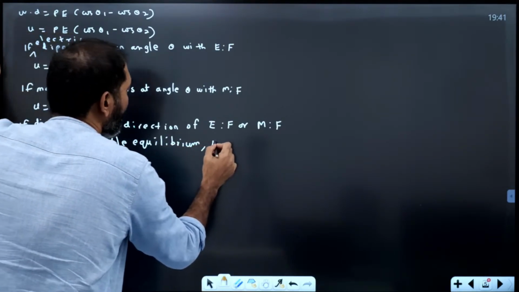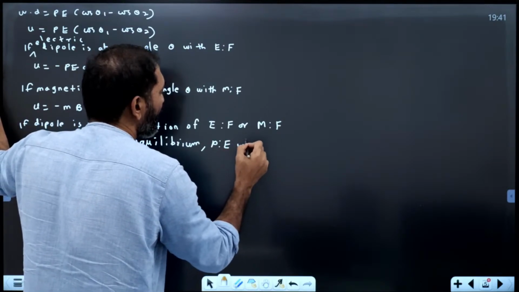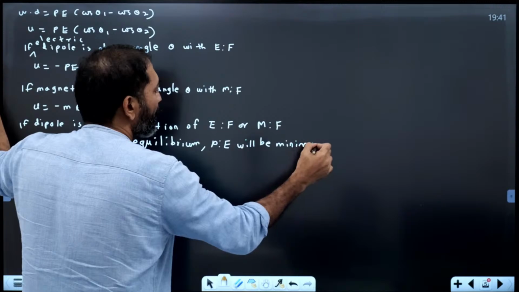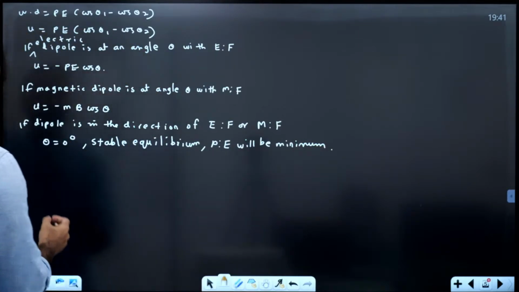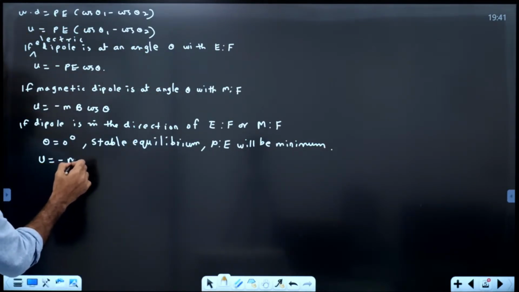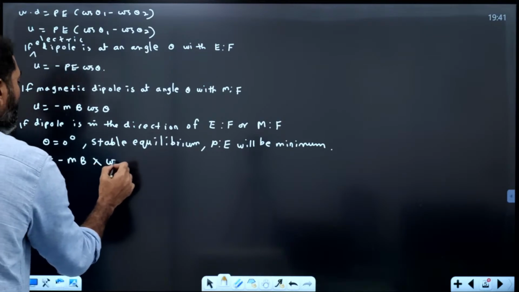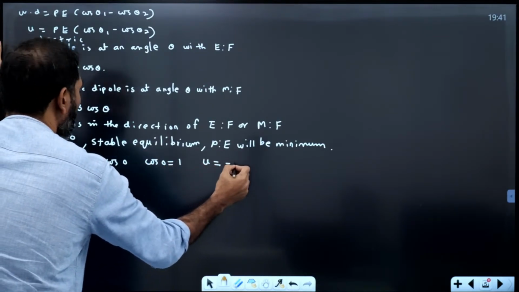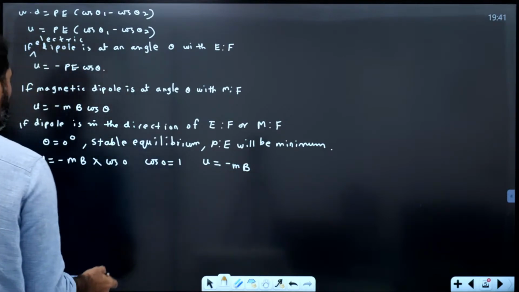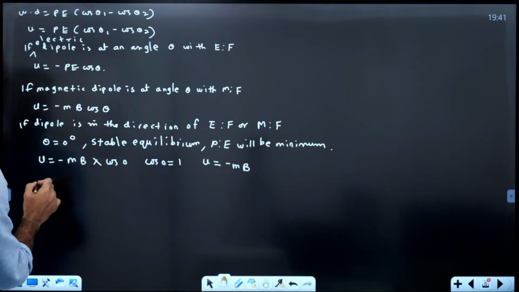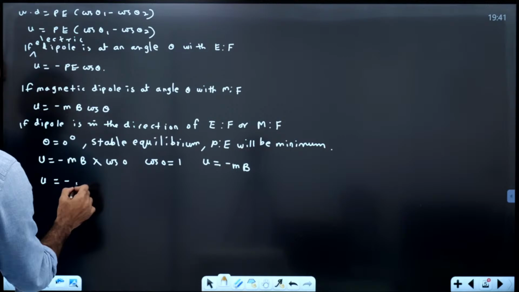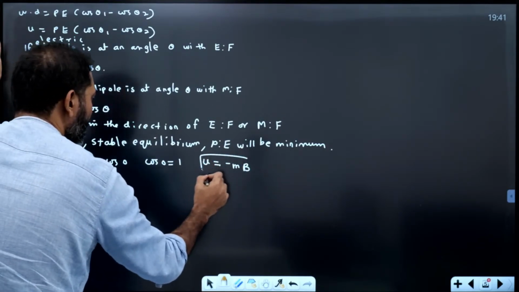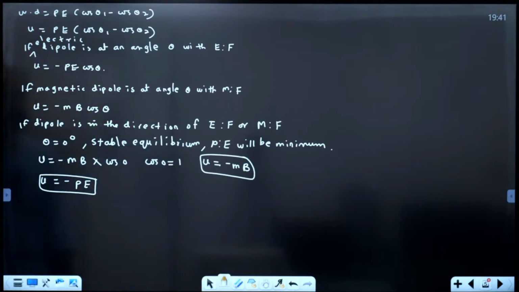What is the specialty here? Potential energy will be minimum. So U equals minus MB cos 0. Cos 0 is 1. So U equals minus MB in the magnetic case, and minus PE in the electric case.